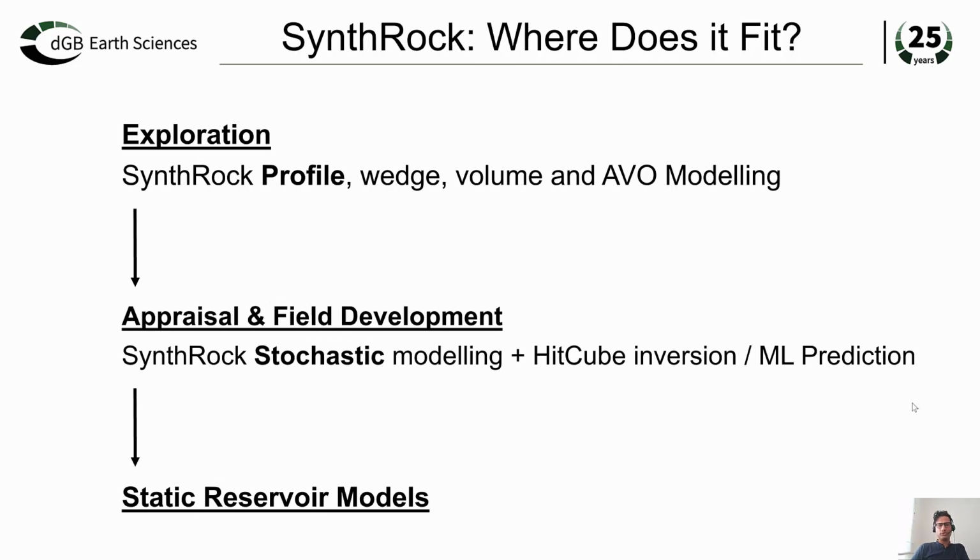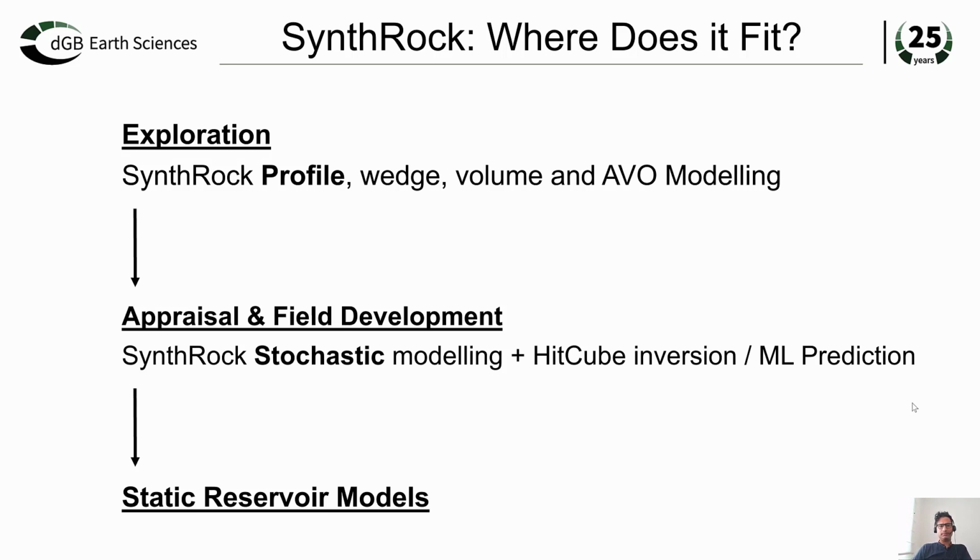So where does the SynthRock software fit in the overall G&G cycle? During the exploration phase, SynthRock's profile module can be used to generate wedge models or perform forward modeling and AVO modeling.